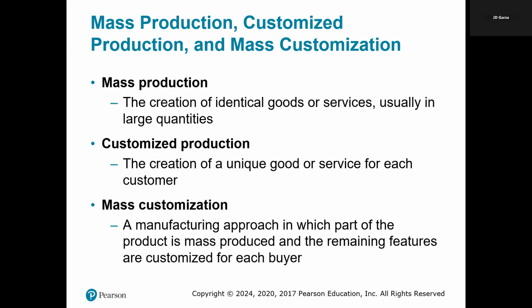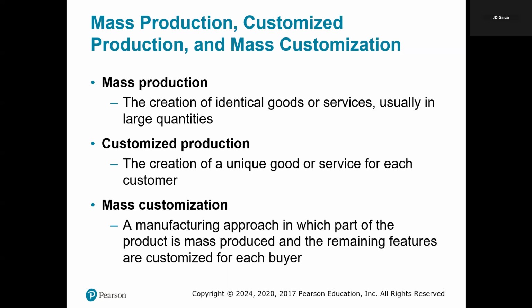This is where uniformity and high volume are very crucial. As an example, think of a soft drink company producing millions of identical bottles of soda, ensuring consistent taste and packaging.